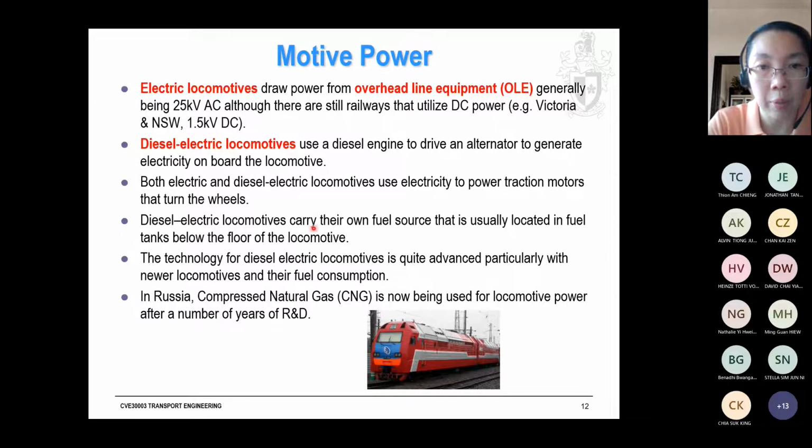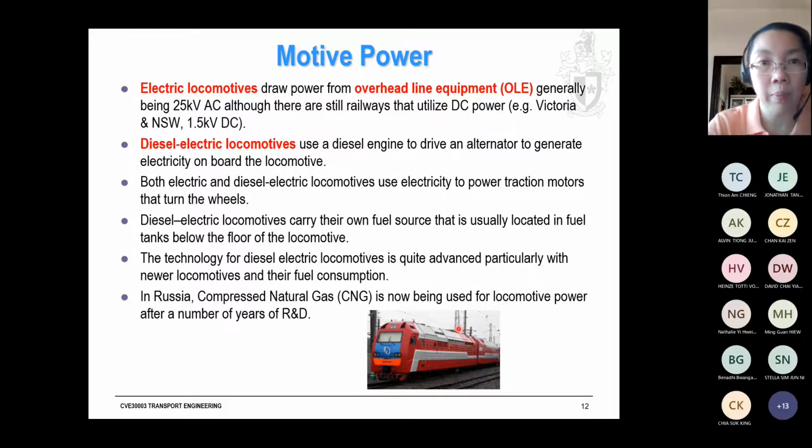And diesel electric locomotives carry their own fuel source that is usually located in fuel tanks below the floor of the locomotive. Right, so the technology for diesel electric locomotives is quite advanced, particularly with the newer locomotives and their fuel consumption. Okay, and in Russia, compressed natural gas is also being used for locomotive power after a number of years of R&D. So we see that.